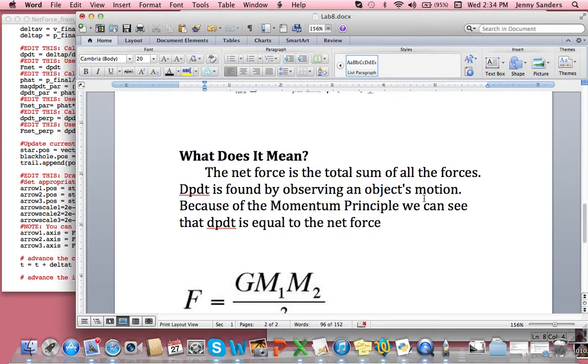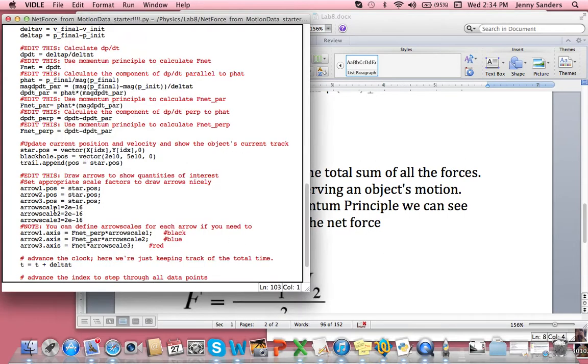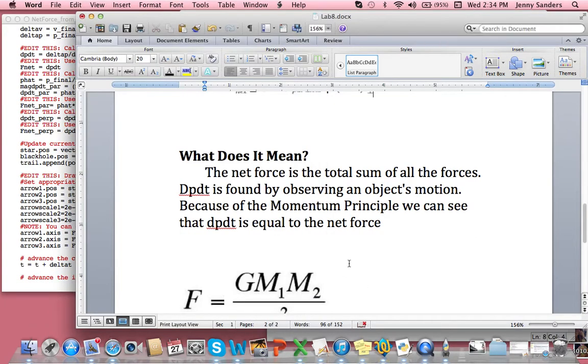And then dP dt is found by observing an object's motion. Because of the momentum principle, we can see that dP dt is equal to the net force. So if we were to replace these with dP dt perpendicular, parallel, and then dP dt net, we could say the same thing. The arrows would show the same thing.